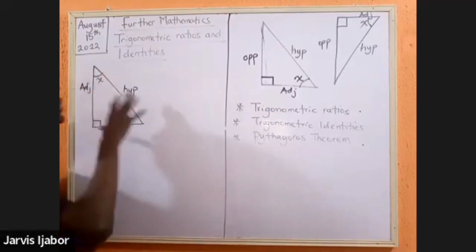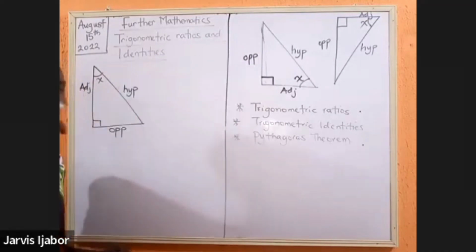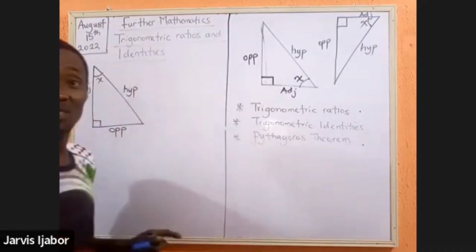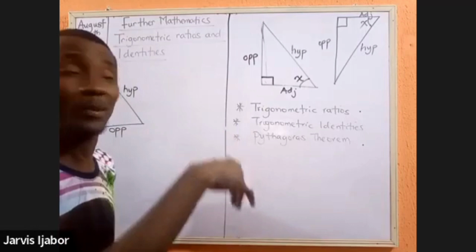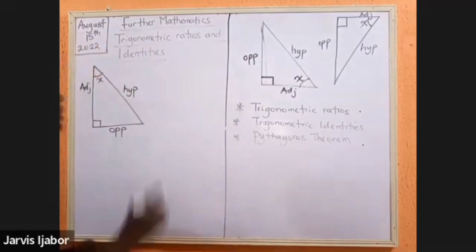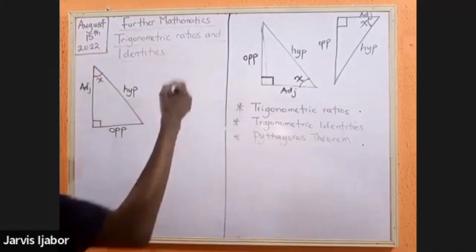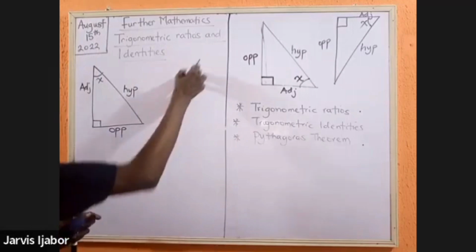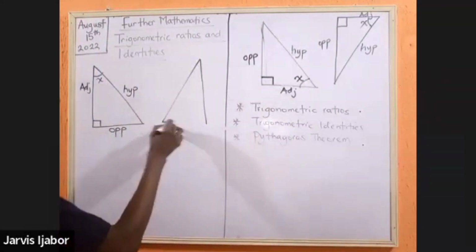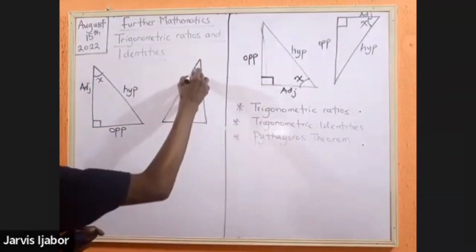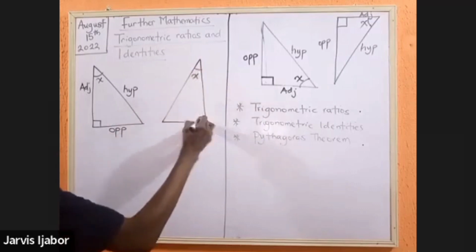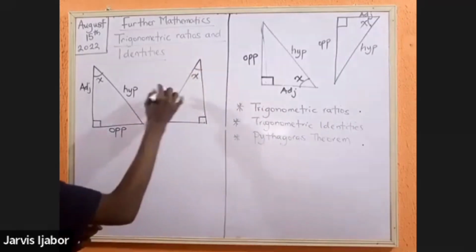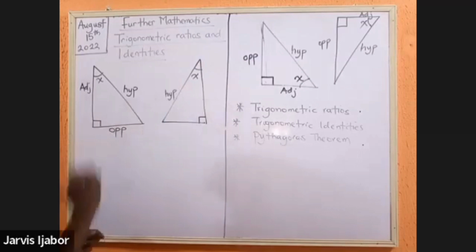It's important for you to understand what's happening here, because every other thing we're going to be doing will depend on how well you've understood this concept. So by way of still trying to confuse you, let me now flip it this way. If this is the angle in question and this is 90 degrees, what 90 degrees sees is called the hypotenuse.